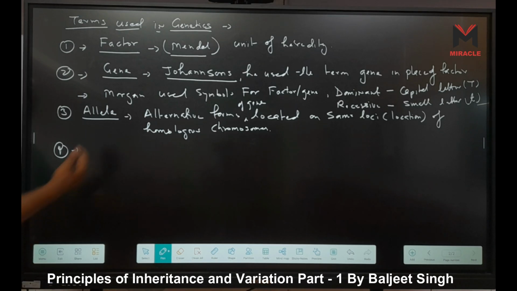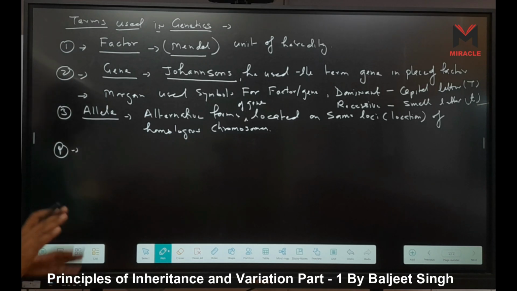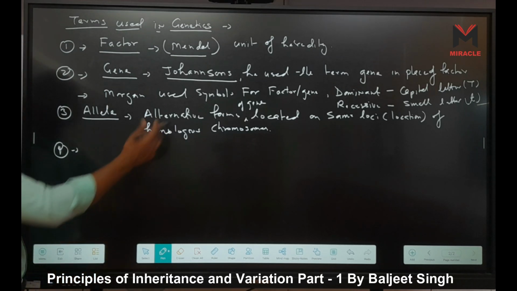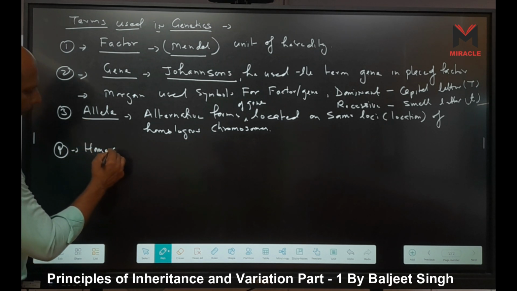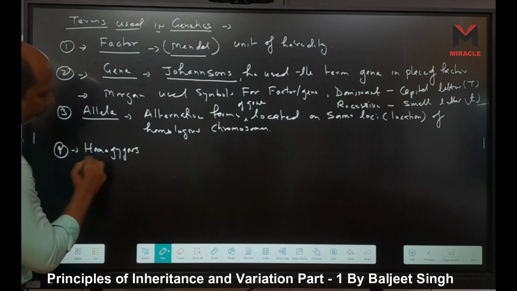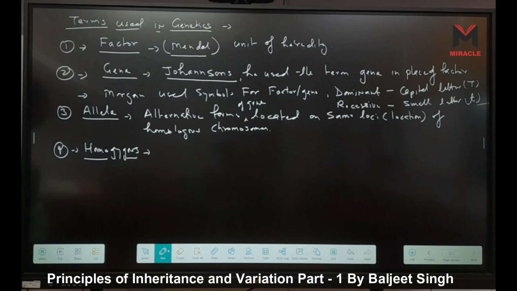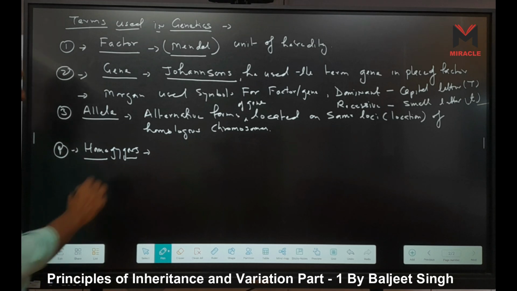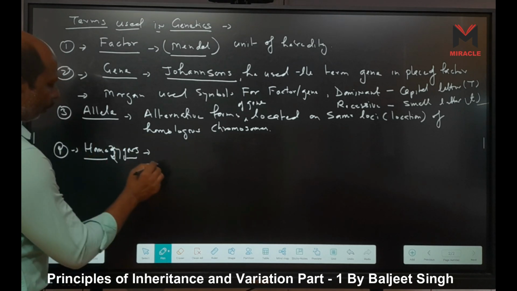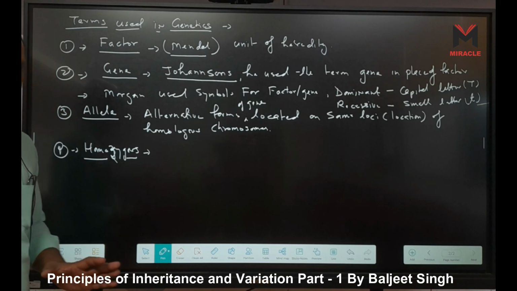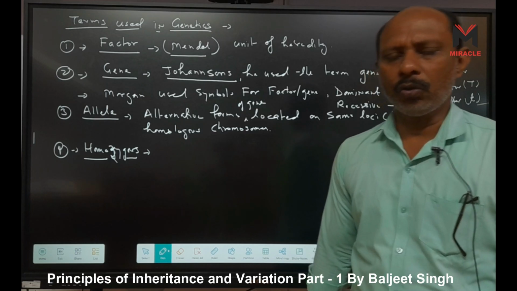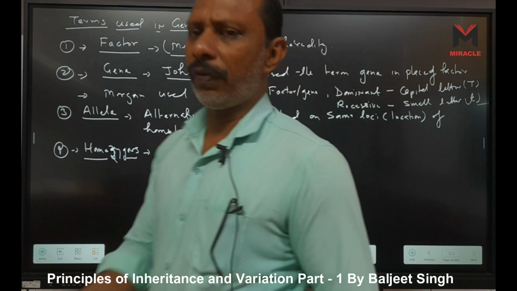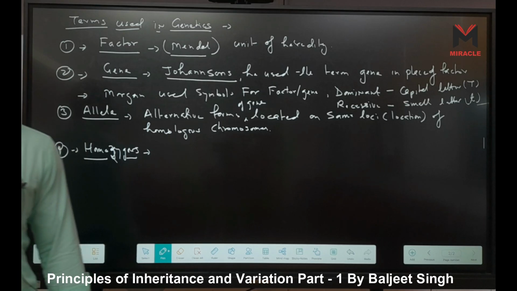After allele, the word homologous. Homo means same, right? Same pair, within the same pair. Now another one is homozygous. Homozygous means, look here, if the genetic constitution is same or identical, then it is called homozygous. If the genetic constitution is different, then it is called heterozygous.